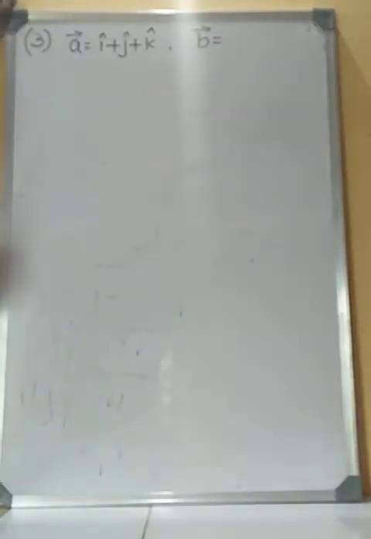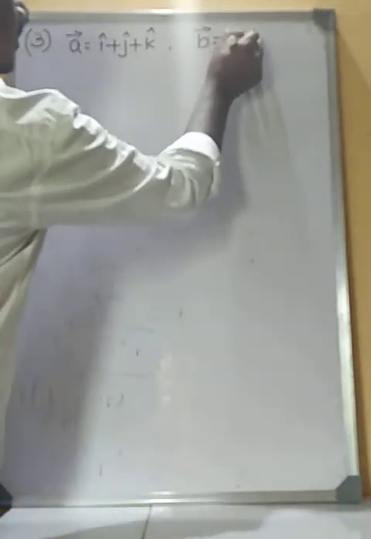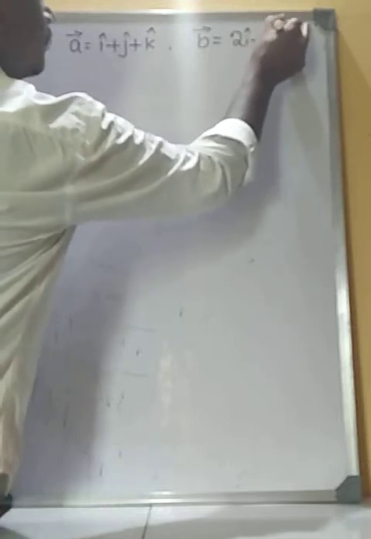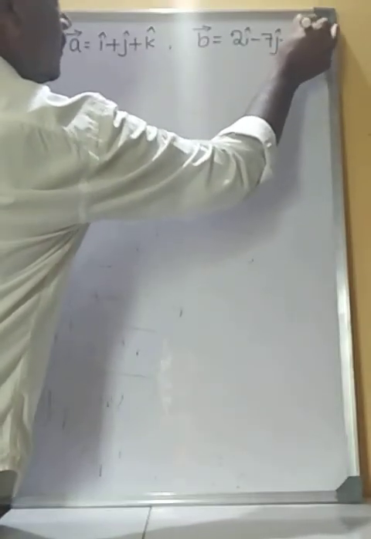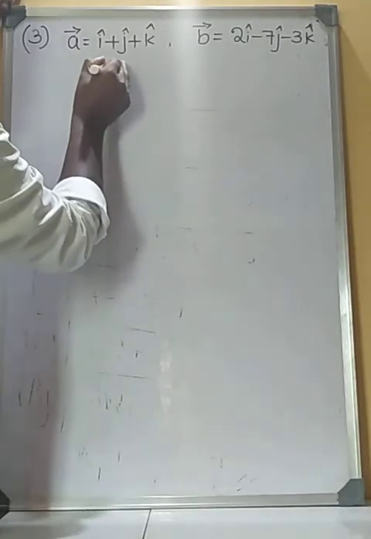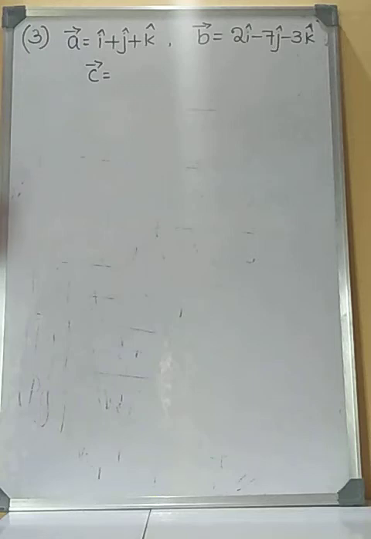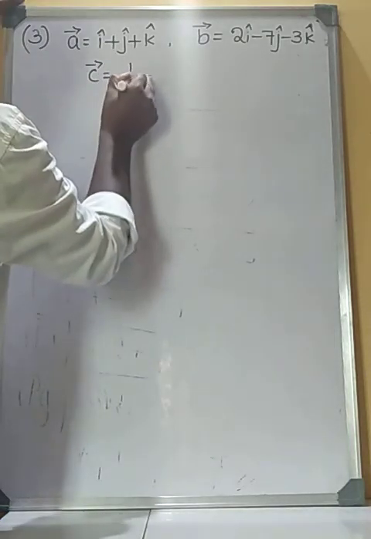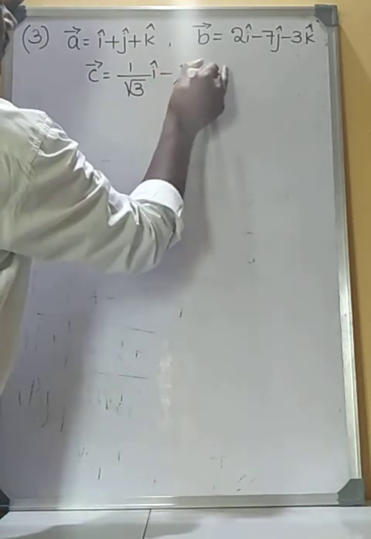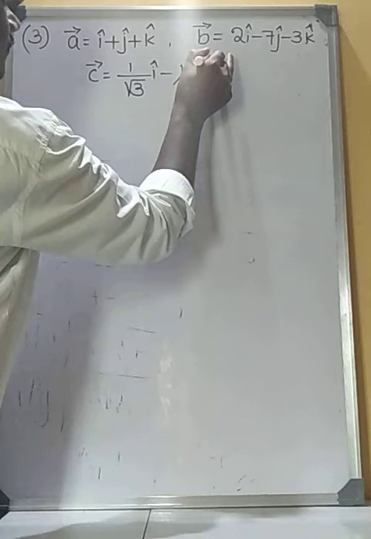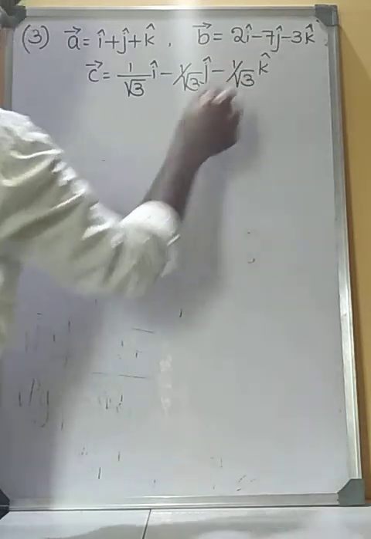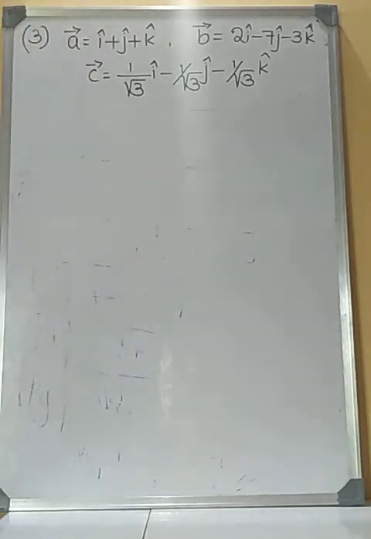Vector B is equal to 2i minus 7j minus 3k, and vector C is equal to 1 by root 3 i minus 1 by root 3 j minus 1 by root 3 k. Find the magnitude of these vectors.